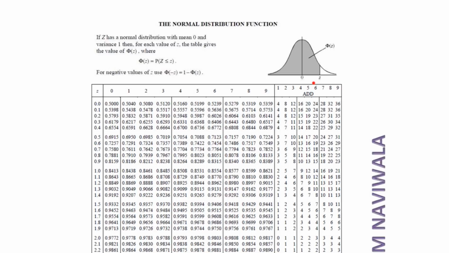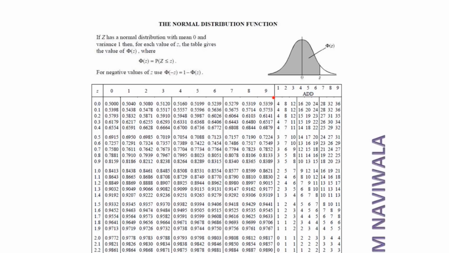So for example, the probability of z less than 0.111 would be 0.5438 plus 0.0004. I'll explain this in detail, but a few pointers here: only positive z values are recorded here, and the probability is for the positive z values.